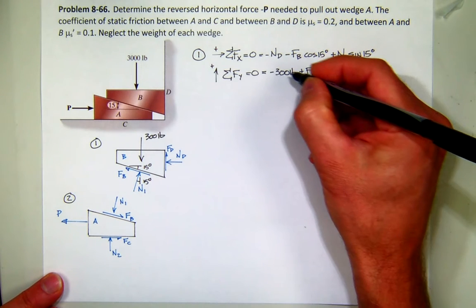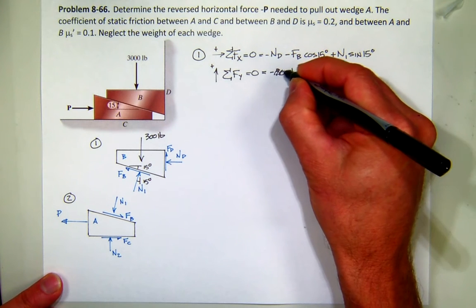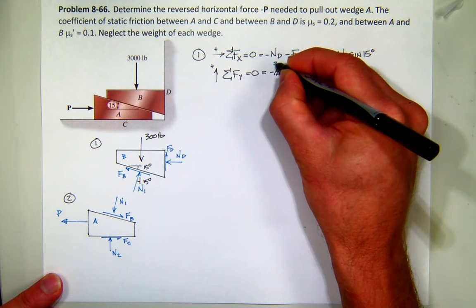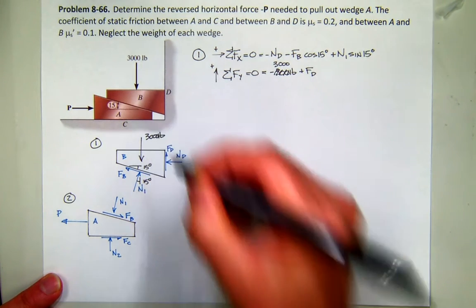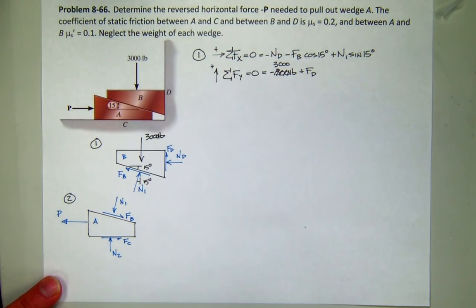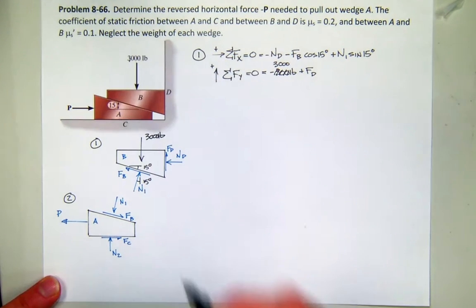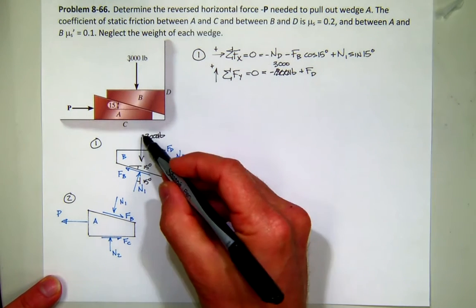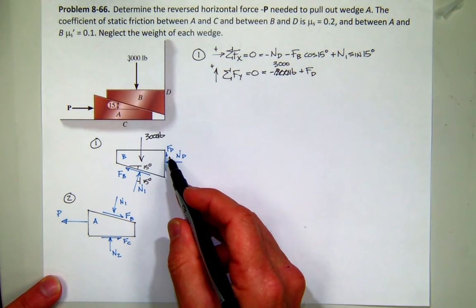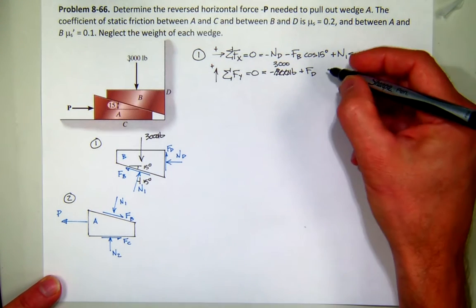Thank you. I'll just have to scratch that out. I got no room to put an extra 0. I wish they'd use comma separators. I see thousands better with comma separators. This is a personal thing. Okay, so I got 3,000 acting down, friction force is up, and then I have both these components acting up.